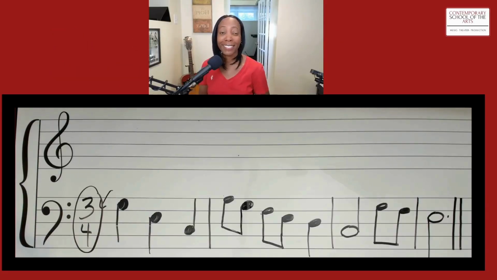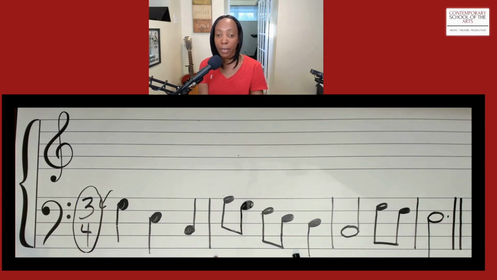So let's check this out and see if every measure equals 3 beats according to our time signature. So let's look at measure number 1. We have 1 quarter note, we have a second quarter note, and we have a third quarter note. And so we know that this equals 3 beats.